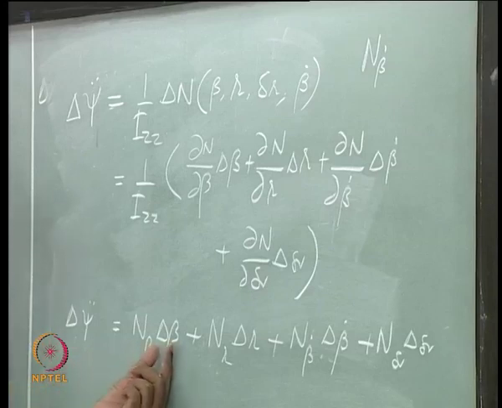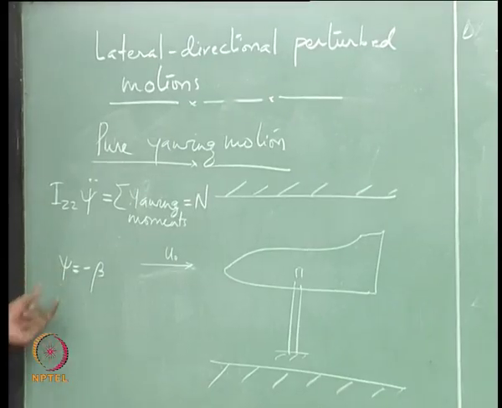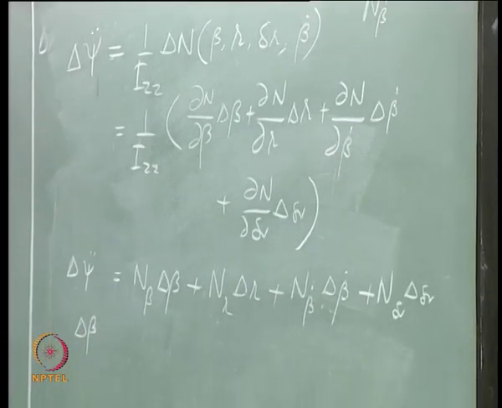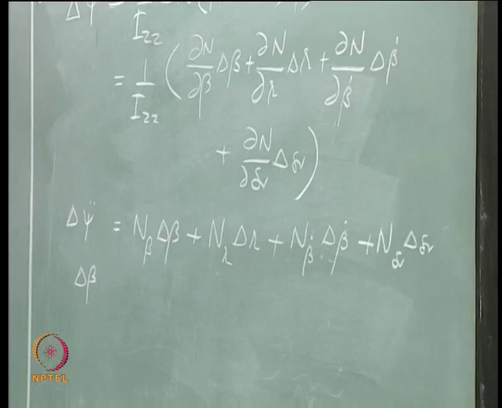So, this delta beta is minus of delta psi, right. And this is possible only when we are talking about small angles, not large angles here.